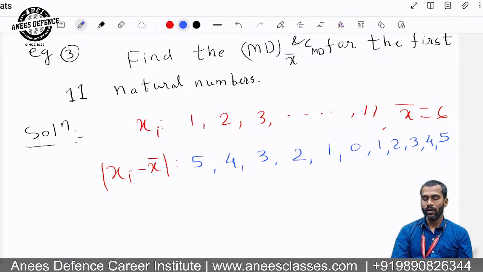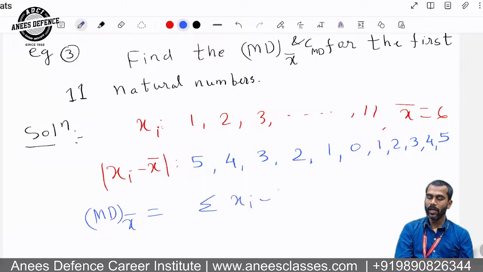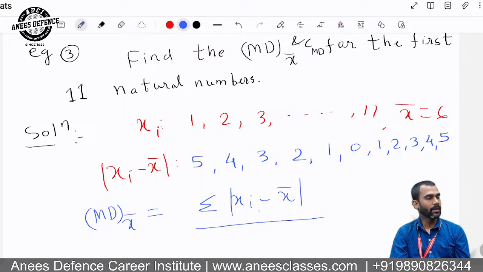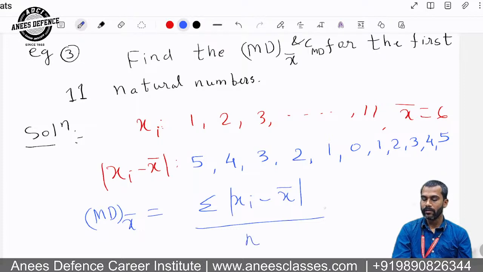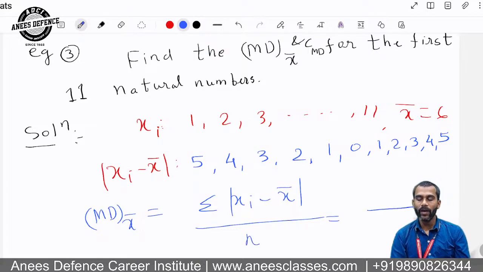Okay. So now we know the formula. What is mean deviation about mean? That is equal to summation of mod of xi minus x bar divided by n. Now add all of them, 1 to 5, 1 to 5. How many observations are there? 11.